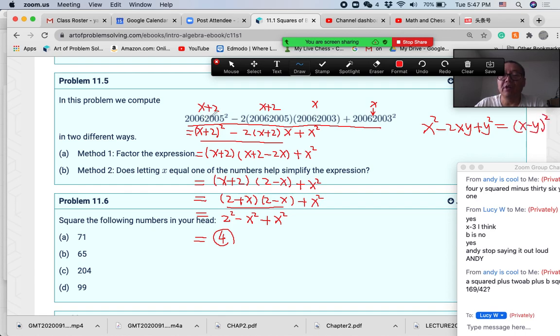If you really familiar this, after you see this, you can use the first method. If you not familiar that formula, you can use second method. You can set this smaller number as x, then do this substitution, then simplify this expression, then you still get the same answer.